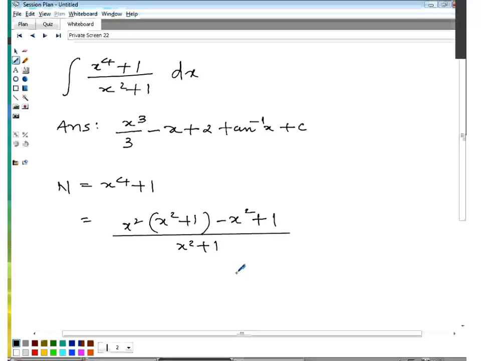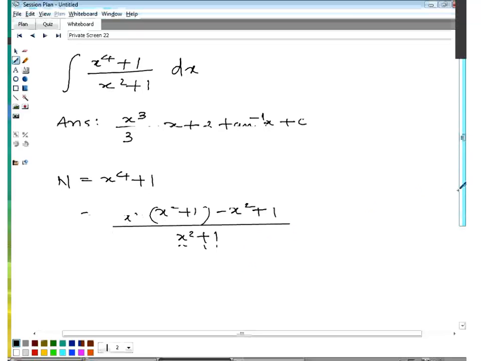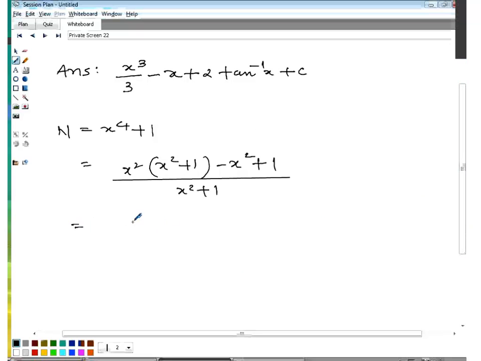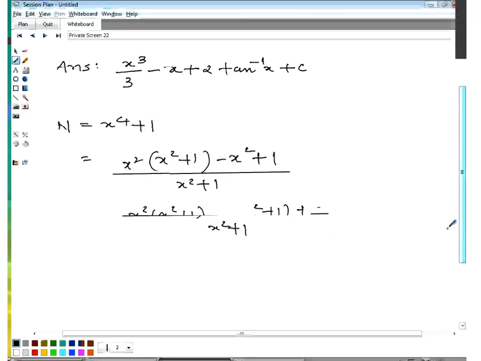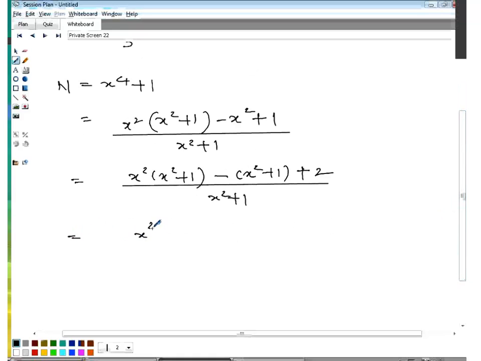Now after this, forcing once again x square plus 1, so minus 1. Minus 1 will get us minus x square minus 1. We don't want minus 1, we want plus 1. So plus 2 divided by x square plus 1. This should be good enough.